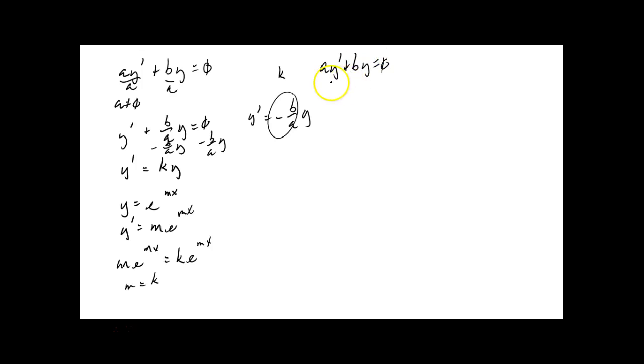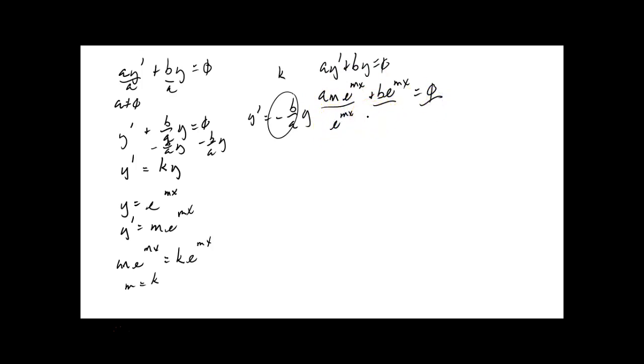Now we have a times m e to the mx plus b times e to the mx is equal to 0. Similar to what we had before, but now they put it back in the a's and b's. Don't mess with the k's anymore. Because e to the mx is never 0, you can divide everything on both sides by e to the mx.